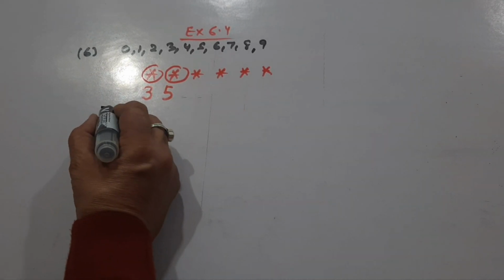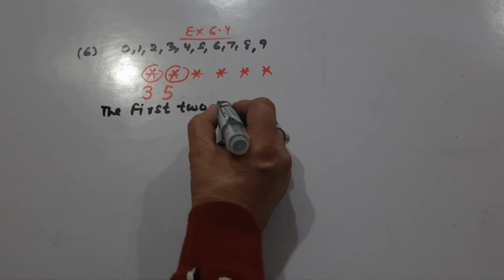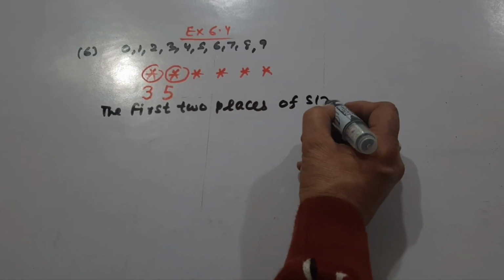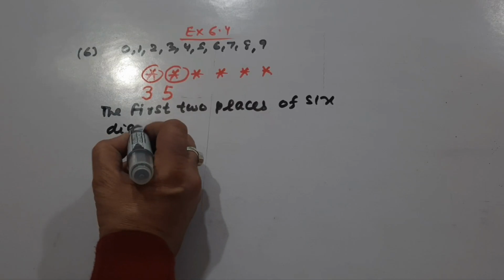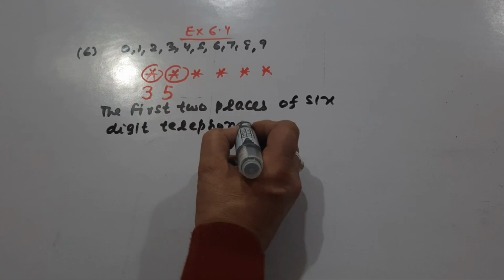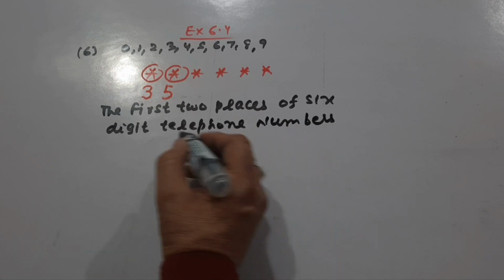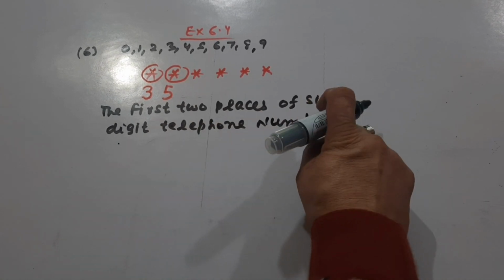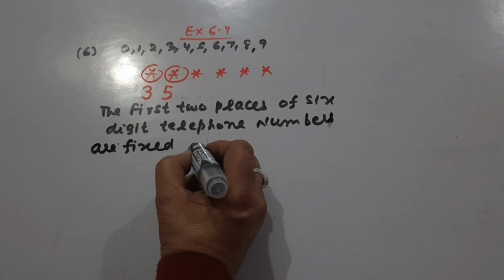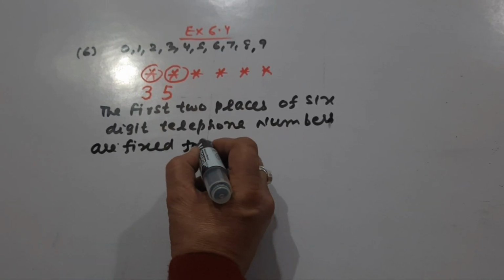So we write, the first two places of the 6-digit telephone number are fixed for 3 and 5.